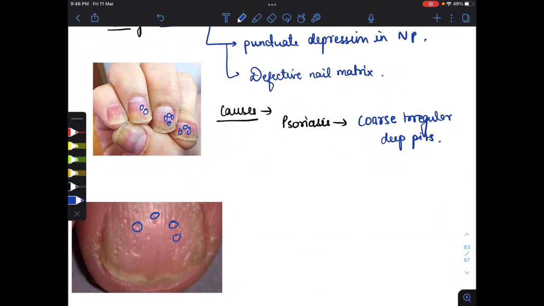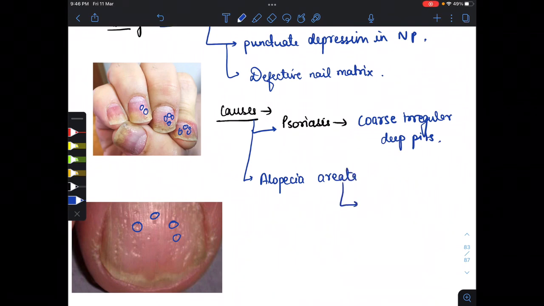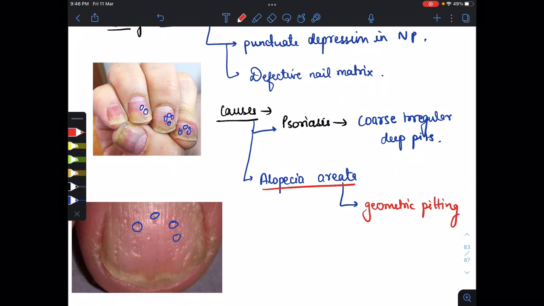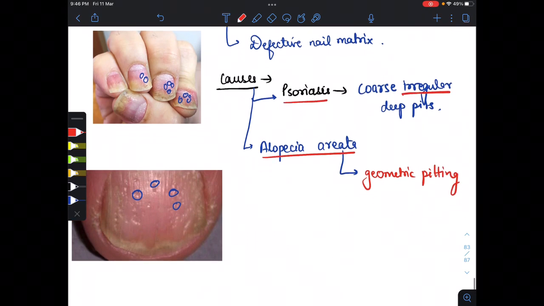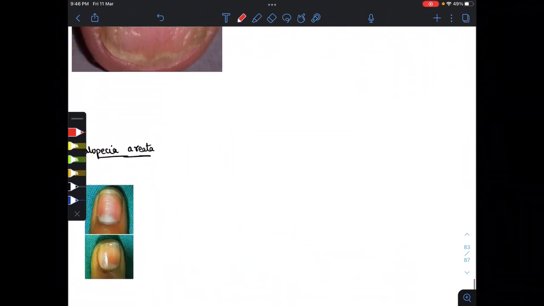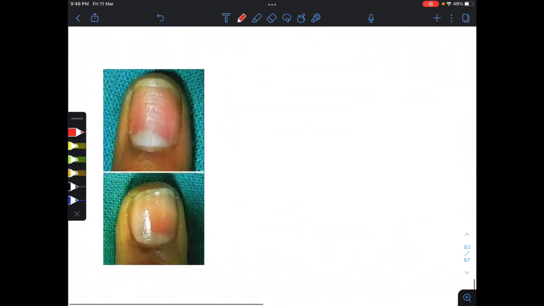The second cause is alopecia areata, in which we can see geometric pitting. Please remember, in alopecia areata we see geometric pitting, while in psoriasis irregular pits will be there. In this image, as we see, regular pits are there.